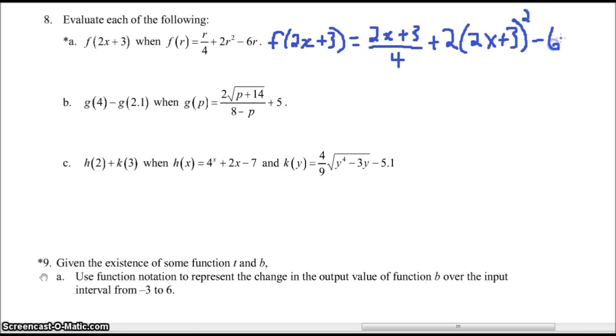But instead of r, we're going to write 2x plus 3. We've substituted 2x plus 3 into our function.